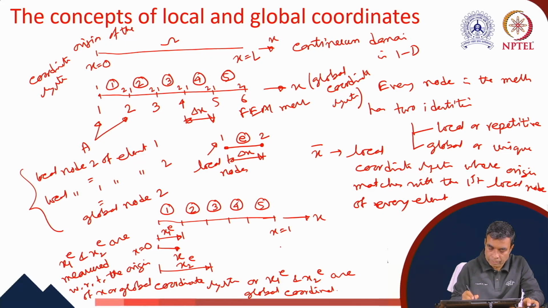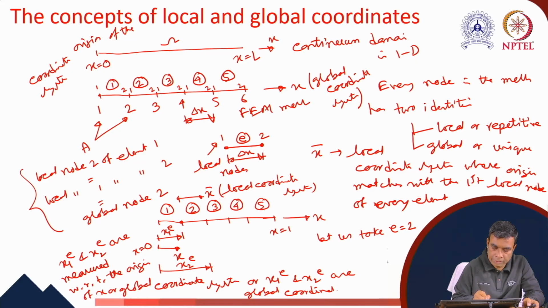Now let us consider e equals to 2. So we fix a coordinate system whose origin overlaps with the first local node of element 2. We say that this is the local coordinate system x bar. So this is the origin, this is x bar equals to 0.